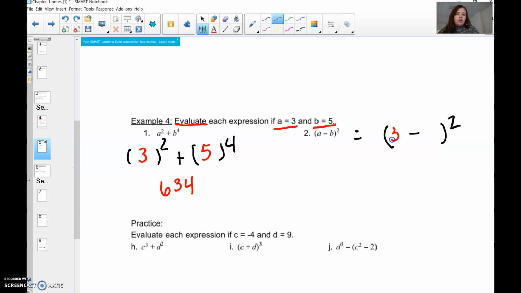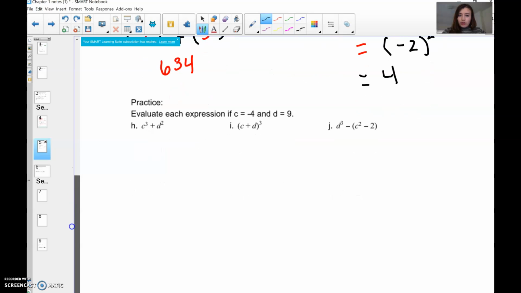So a is 3, b is 5. So we're going to do 3 minus 5, because we're starting with parentheses, which equals negative 2. Then we need to square that. Negative 2 times negative 2 is 4. So that's what we got for example 4.